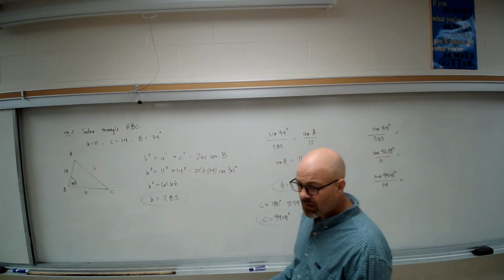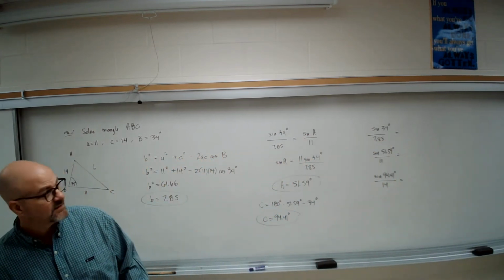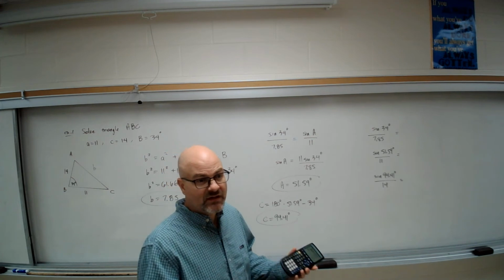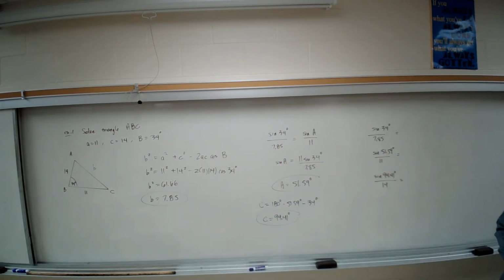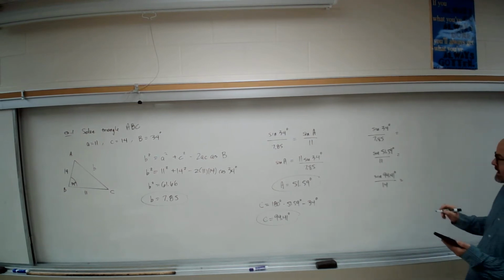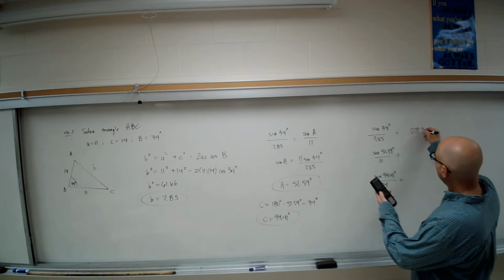These should all be roughly the same number, right? This is just the law of sines. I'm using the law of sines to check my answer. So let's see what we get here. We get the sine of 34 degrees divided by 7.85, 0.0712.